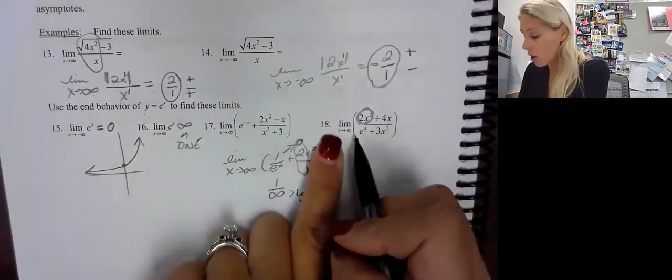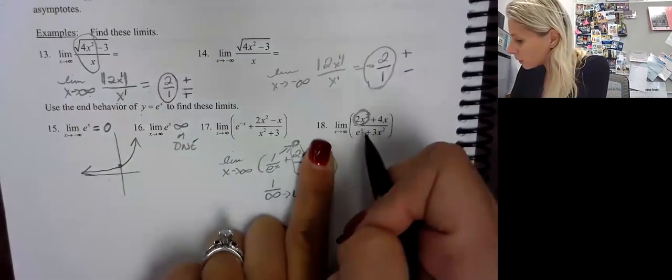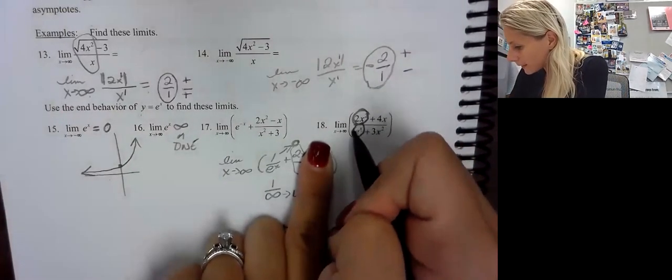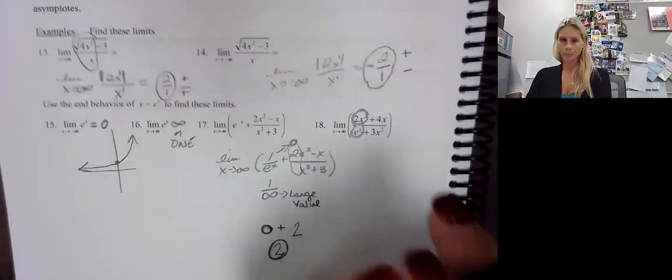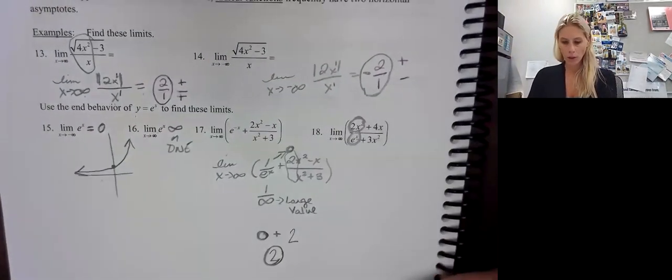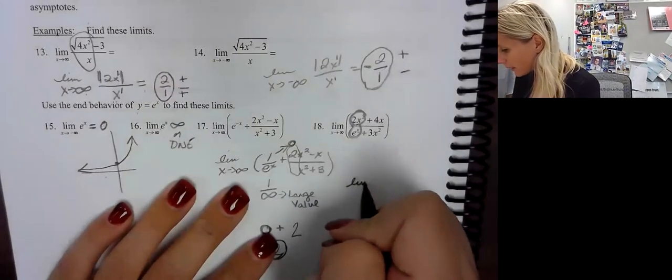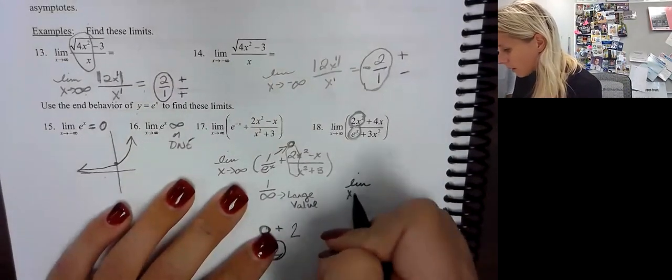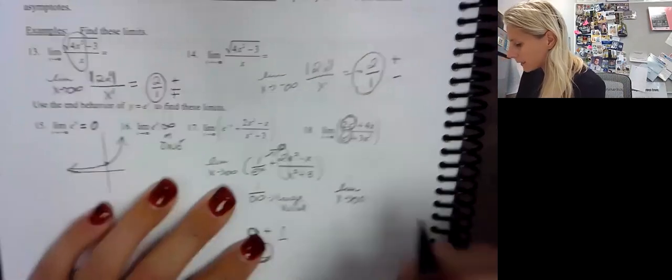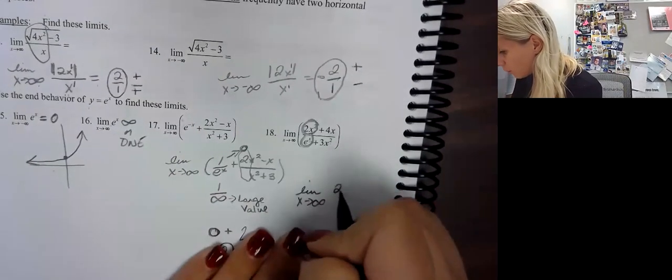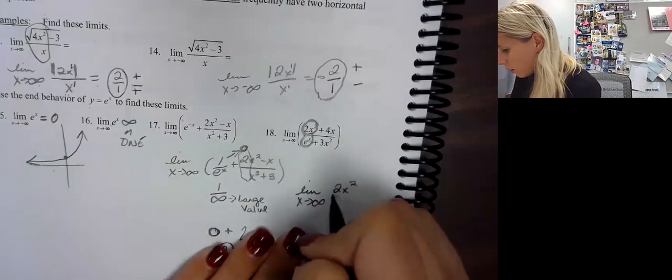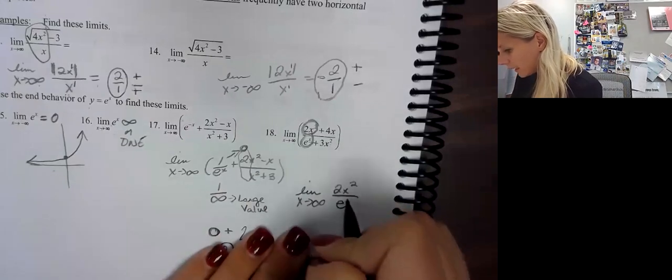This x can go up to infinity, so the highest degree is the term e to the x. This is what I'm going to focus on, guys. So right now, I am just going to rewrite this as the limit as x approaches infinity of 2x squared over e to the x.